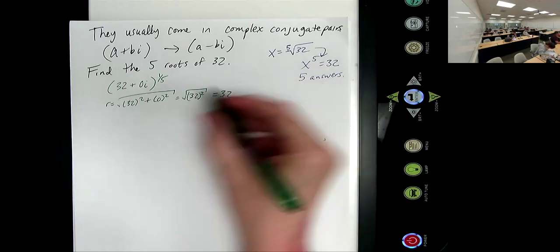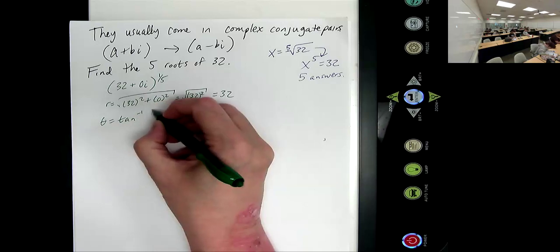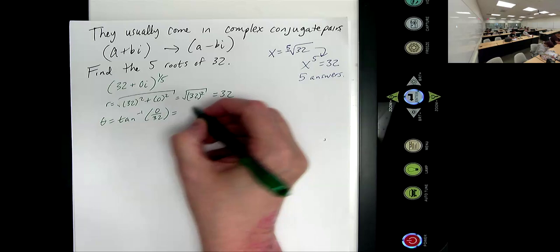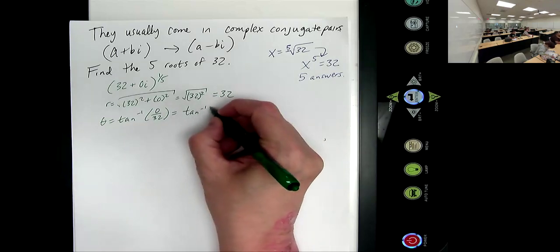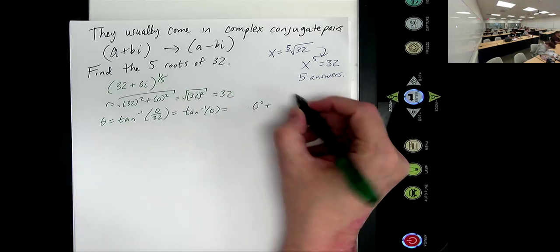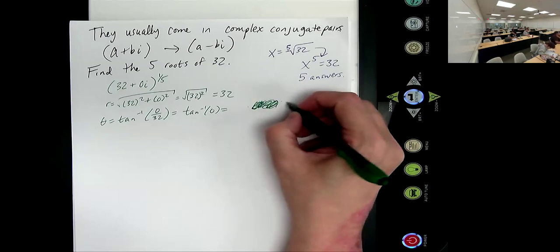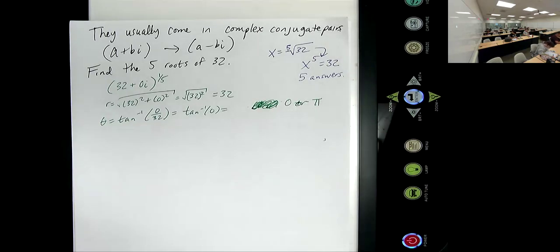Theta is either 0 degrees or 180. I'm gonna use degrees too much, I'm gonna say 0 or pi radians. Which one is it here? 0.